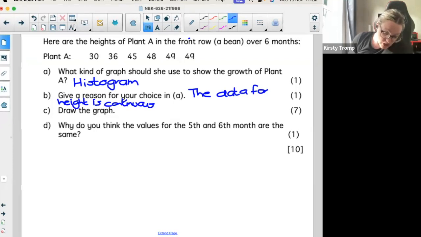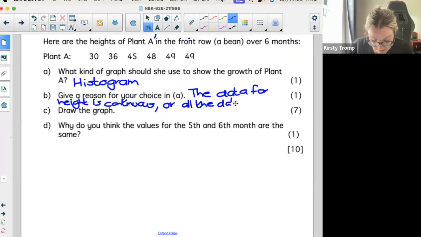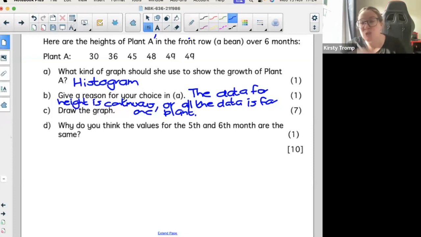So that's a fancy way to say it. Or we could say all the data is for one plant, so we can put it on a histogram.